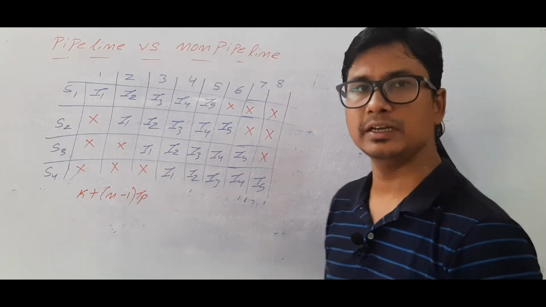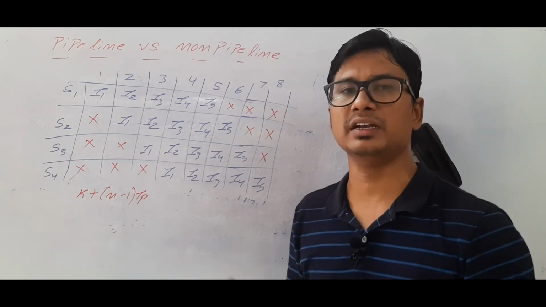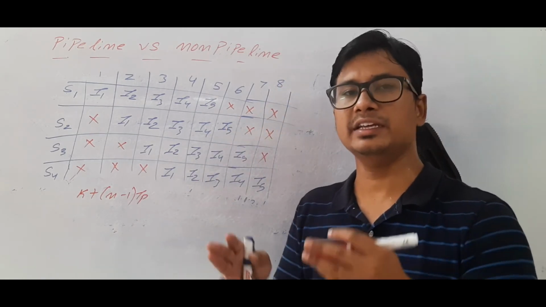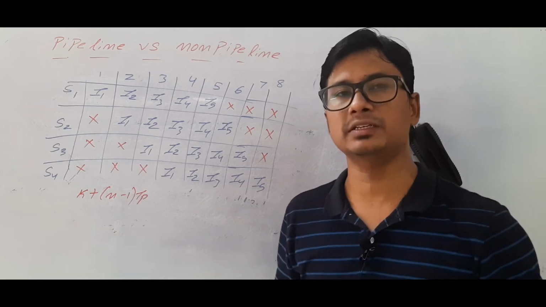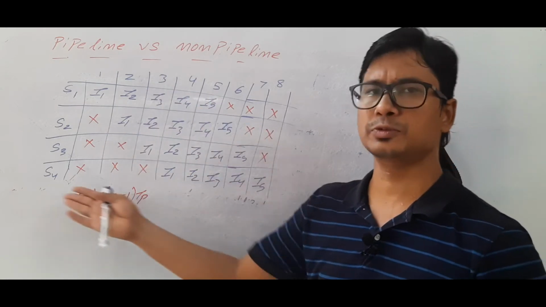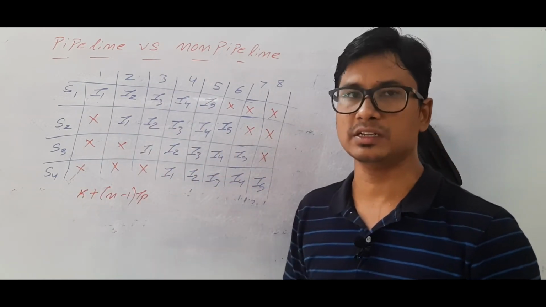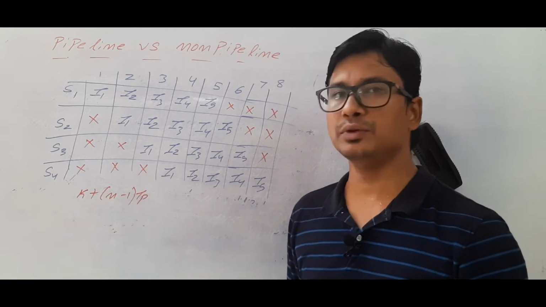Generally I will write it. Here we have calculated 8 nanoseconds. Suppose they have given 100 instructions and each instruction will take 10 stages, then how many nanoseconds will it take? You cannot draw this space-time analysis diagram completely and calculate how many nanoseconds. If they ask you, you have to use the formula.